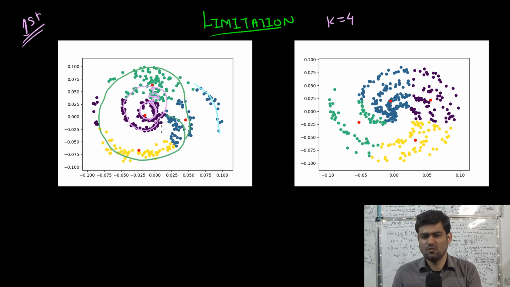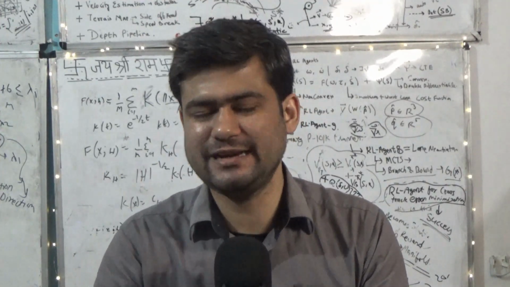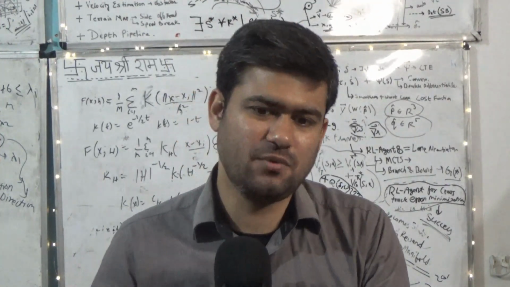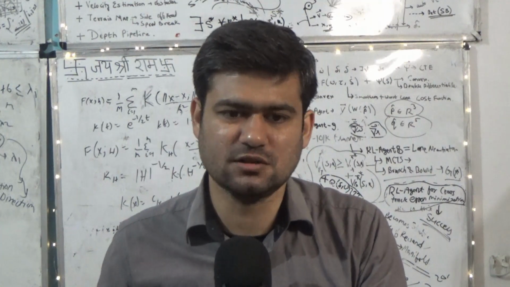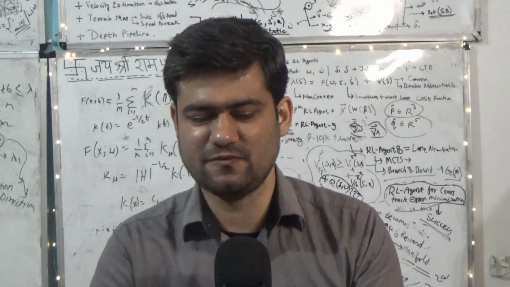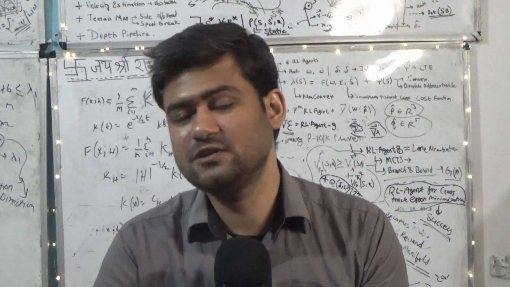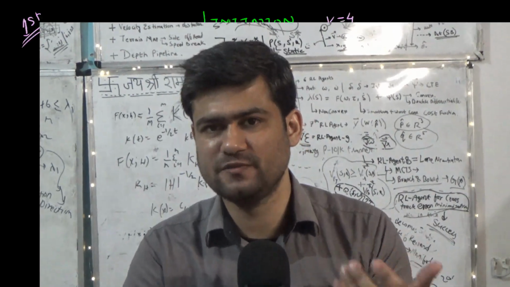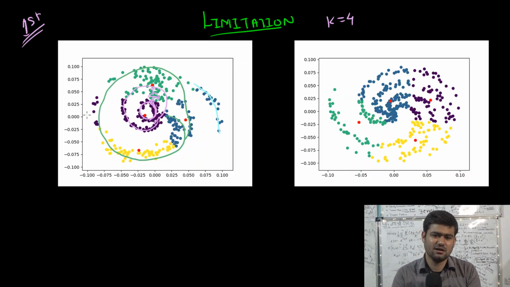So this is what the ideal partitioning of the data set should have been, but the k-means clustering algorithm, because it works well only when the data set is spherical or hyperspherical in shape in the feature space, didn't work well for this kind of data set.